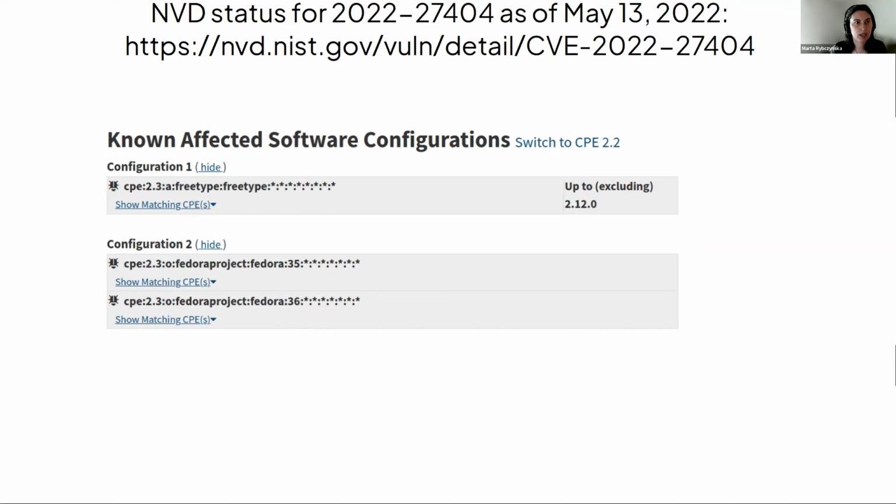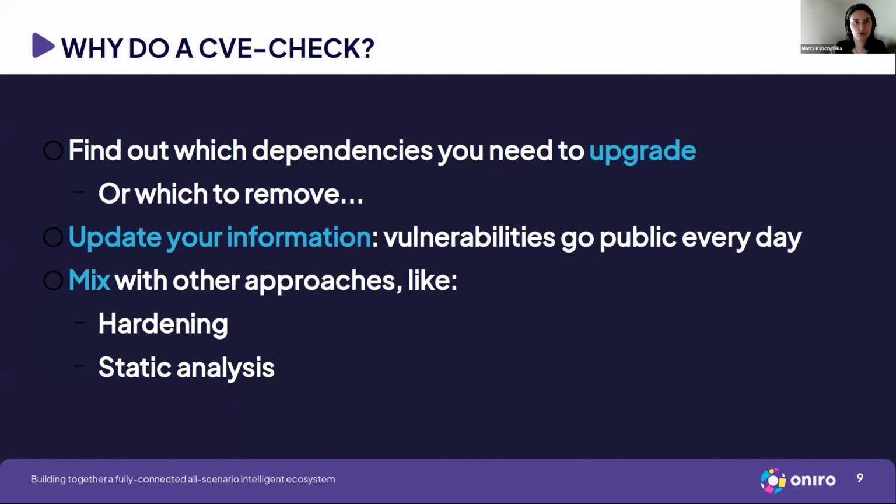And now, why would you do a cve-check? You would do it to find out which packages, libraries, other dependencies you need to upgrade, or, looking at it differently, which would be ideal to get rid of absolutely because they have too many bugs.